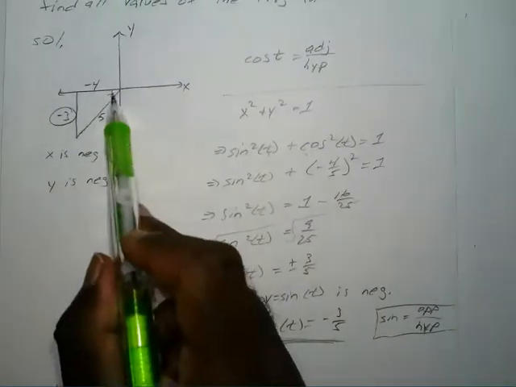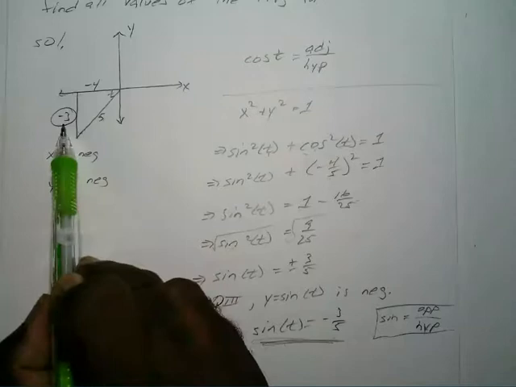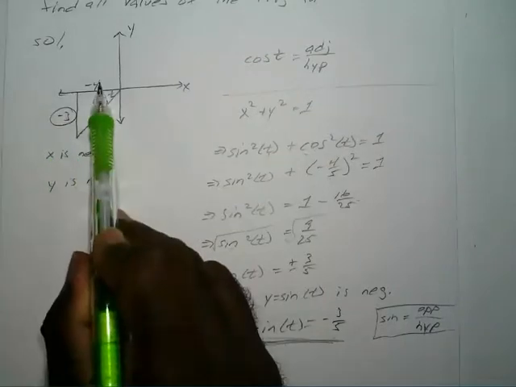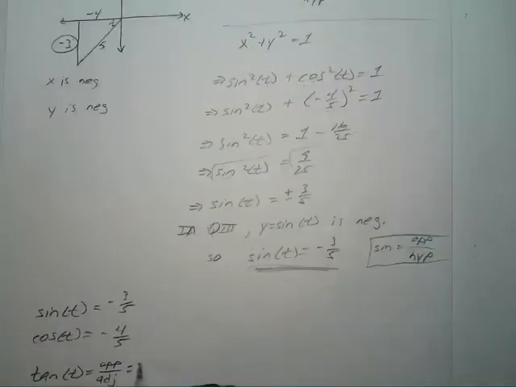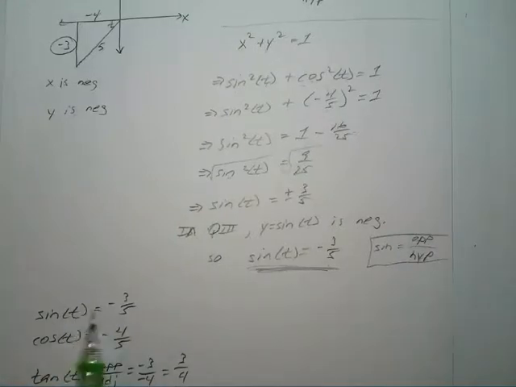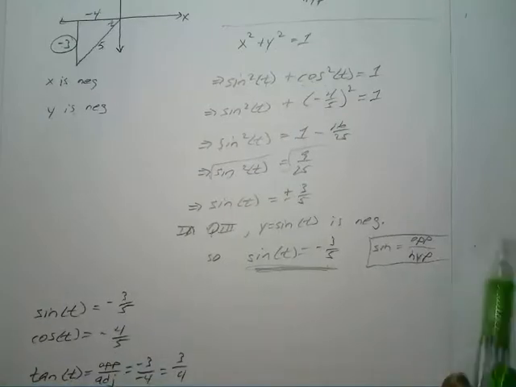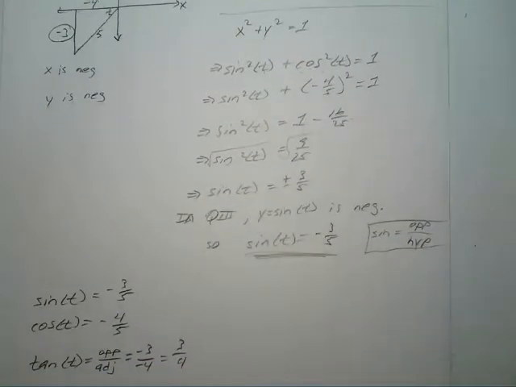So opposite is negative 3 and adjacent is negative 4. That's negative 3 over negative 4, or 3/4. It'll be the same thing if you divided negative 3/5 by negative 4/5. You'd end up with positive 3/4. So either way, it depends on you.